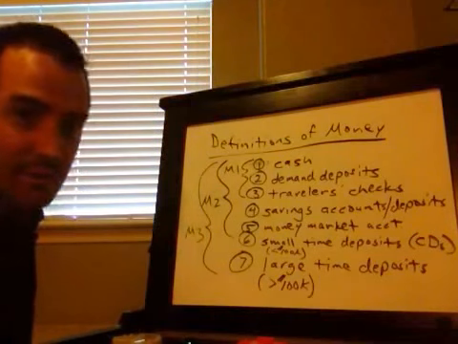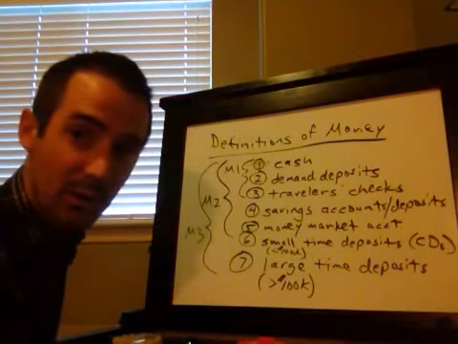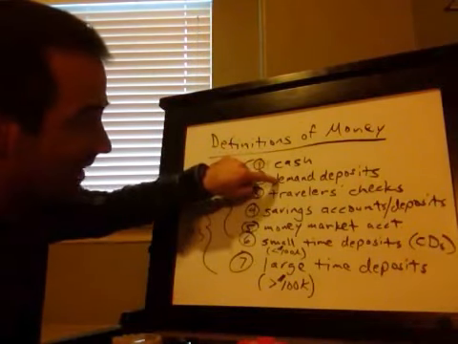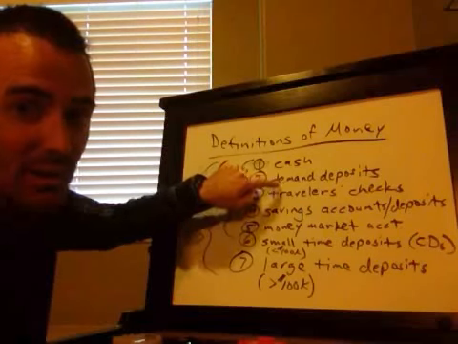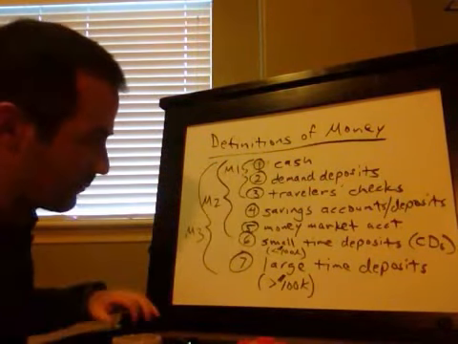But from now on in this class, we are going to use M1. When I say the supply of money from now on, I will be referring to M1, this top one, cash and checking accounts or demand deposits. I'm not even going to really think about traveler's checks because that's such a small, insignificant portion.